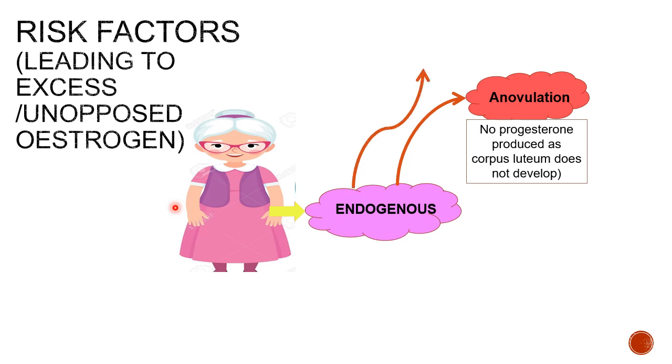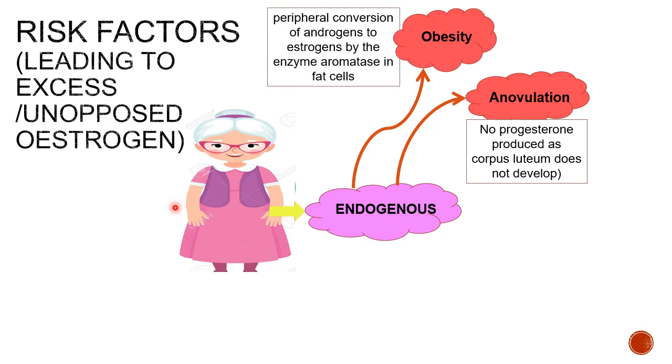The second source of endogenous estrogen is obesity. Obesity leads to peripheral conversion of androgens to estrogens by the enzyme aromatase in fat cells. So this becomes a source of excess estrogen. The third condition associated with increase in endogenous estrogen is PCOS, short for polycystic ovarian syndrome.